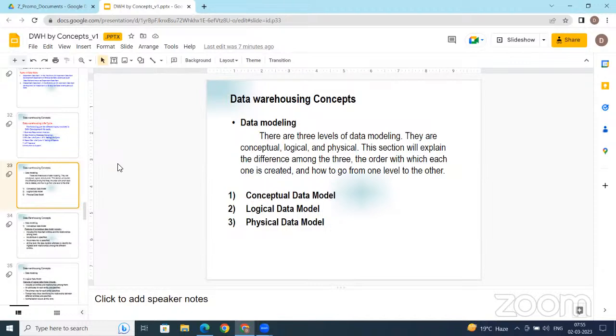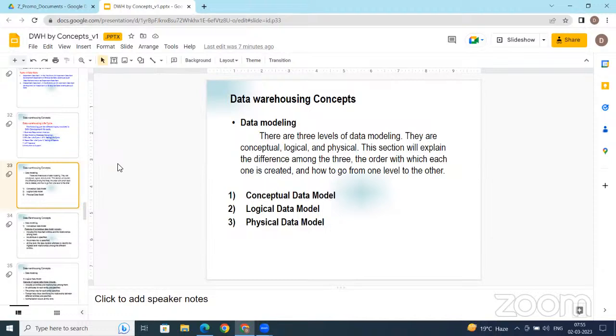Why I'm telling all these things is that for any project, there will be a data model. Initially, when the project is kicked off, we discuss how many tables we need and what the source tables are. Here we should have a rough idea of what my business is.